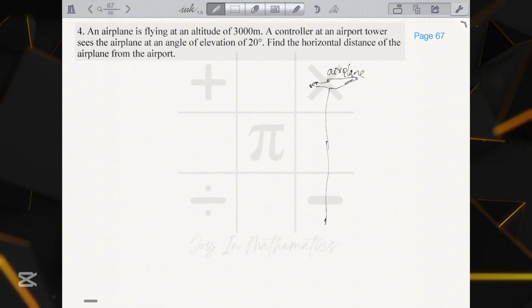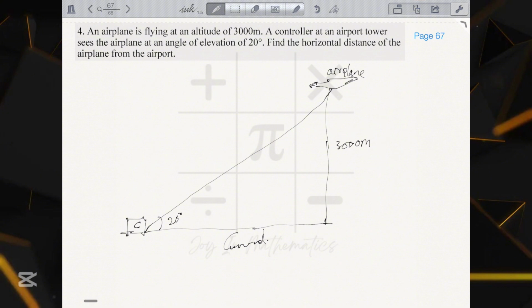Let's call this place the ground or the airport. Now a controller is at an airport tower. Let's call this the airport tower, which is the base control. The controller is here, controller C, and he sees the airplane, watching it probably with his binoculars, at an angle of 20 degrees.